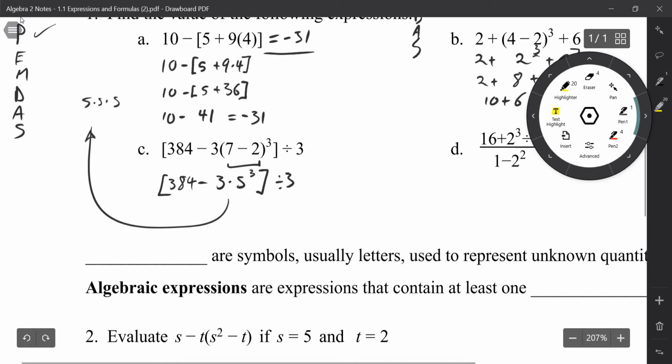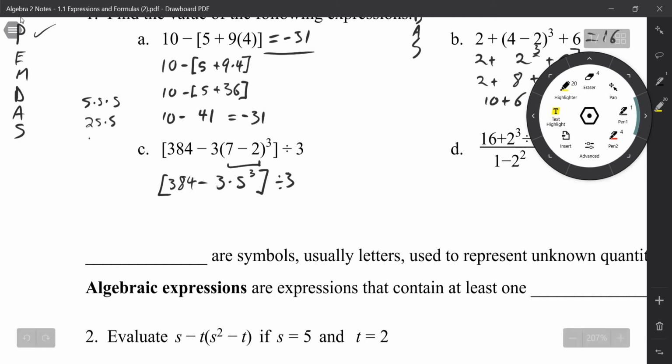And 5 times 5, that's going to give us 25 times 5. 25 times 5 is going to be 125. So we can write that in as 384 minus 3 times 125, the brackets there, divided by 3.